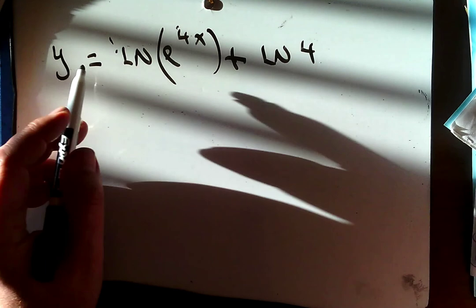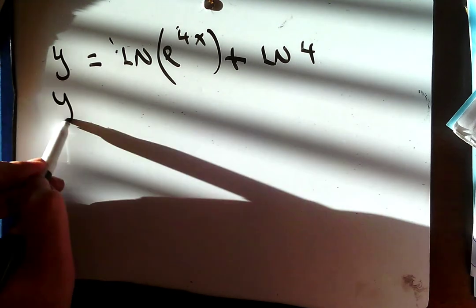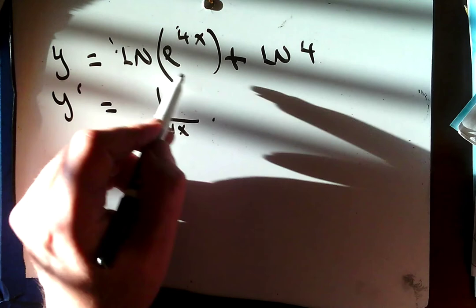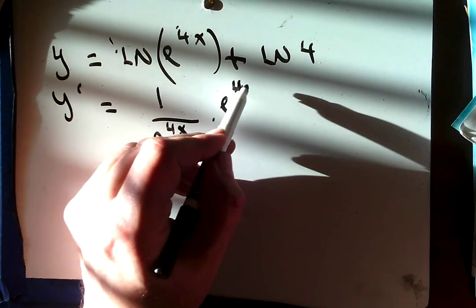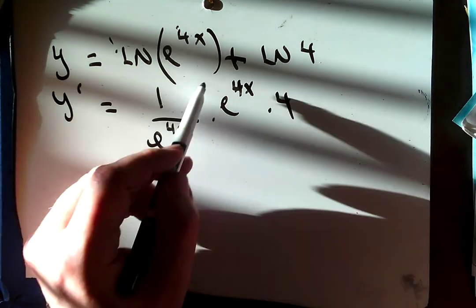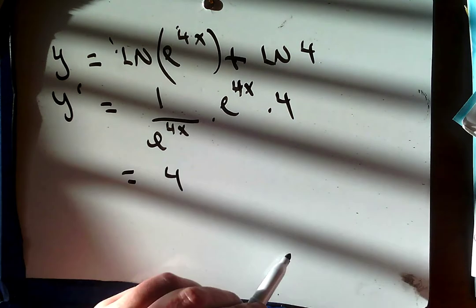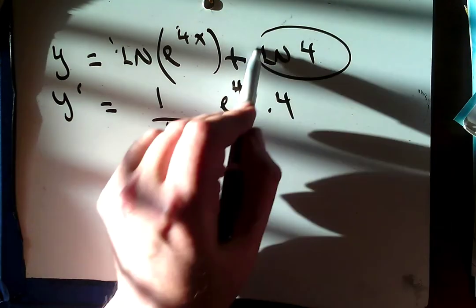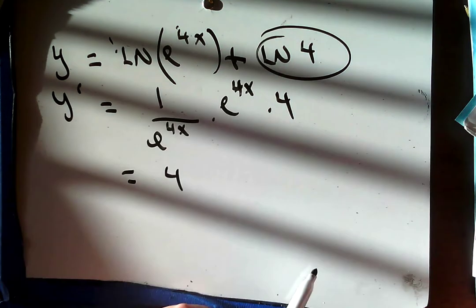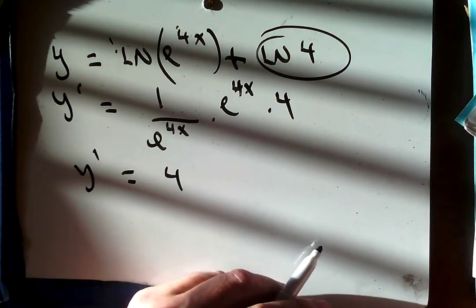So if I don't think about using my algebra here, I should end up with 1 over stuff times the derivative of stuff, which is itself, times the derivative of that innermost function. And then these would cancel, and I'd be left with 4. The derivative of ln of 4, yeah, no variables there, so that's just going to be 0. So y prime is this.